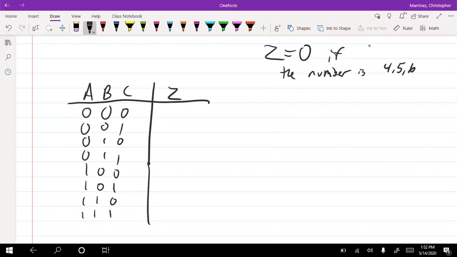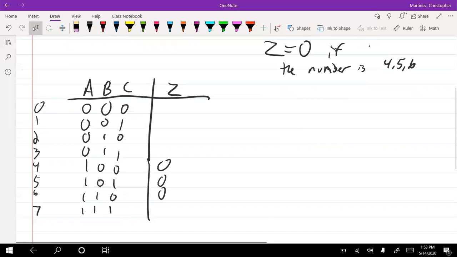I said it has to be 0 if it's 4, 5, or 6. So let's write down the decimal numbers on the side so we know which ones we're dealing with. If it's 4, 5, or 6, I know it's 0. It's a 1 if it's 0, 1, or 2. All right, but then what happens for 3 and 7? What results are we going to want for 3 and 7?